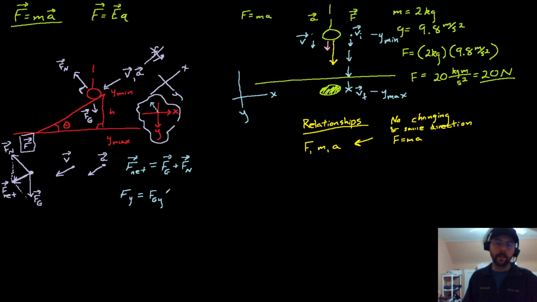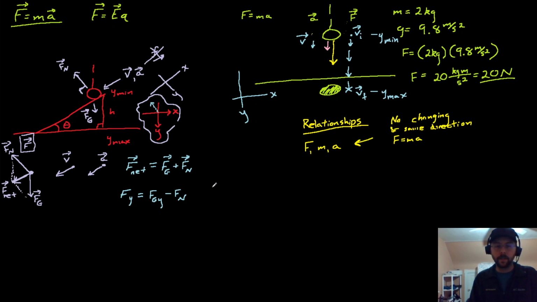So that one's positive, minus the normal force. And it's minus because the normal force, as you can see from the diagram here, is moving in the negative y direction. Some of it's moving in the negative x direction, and some of it's moving in the negative y direction. None of it is moving in the positive y direction. So this is going to end up being minus.